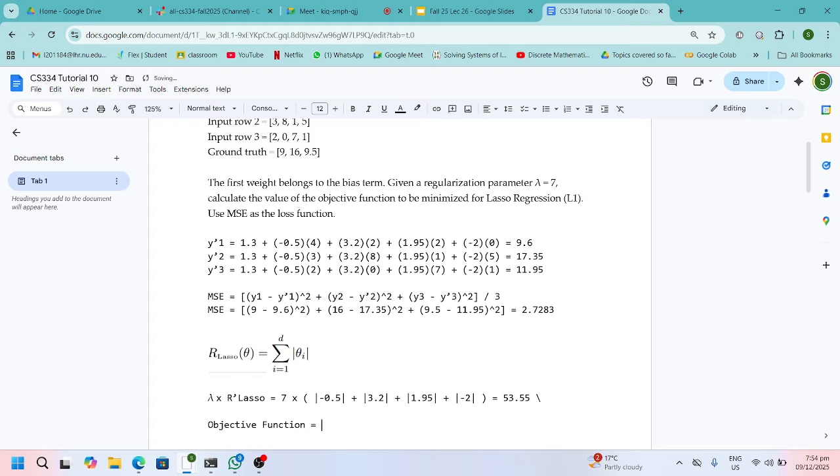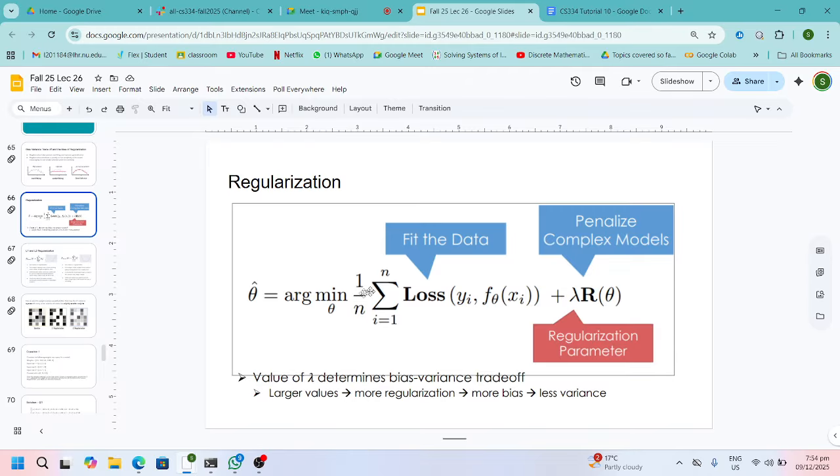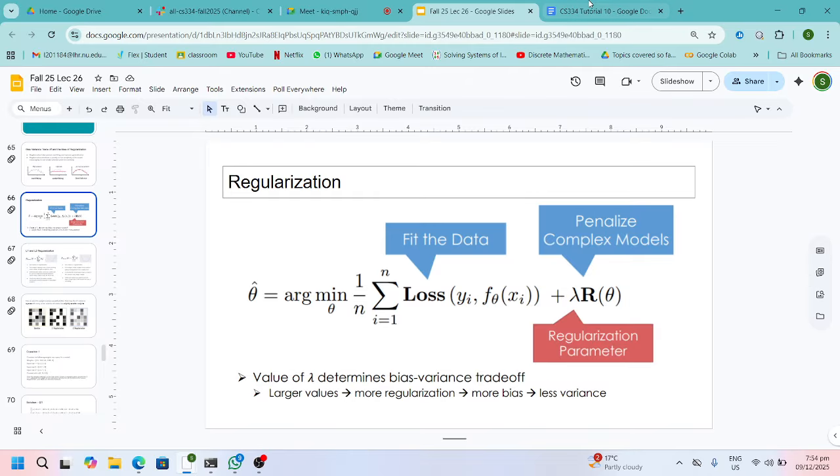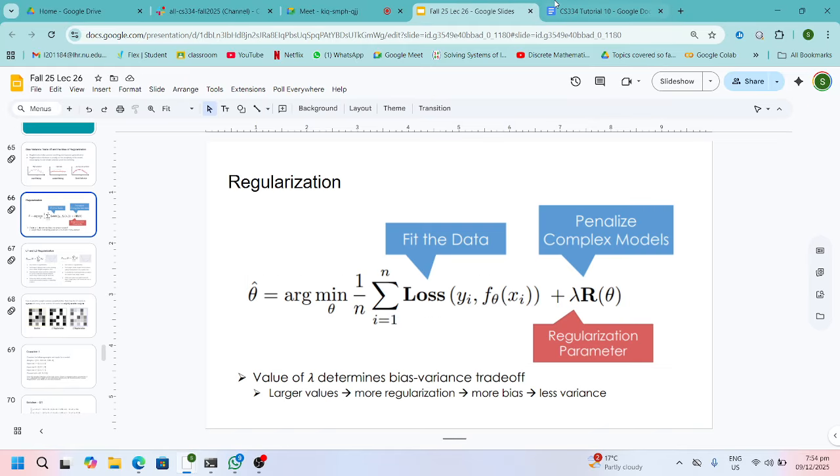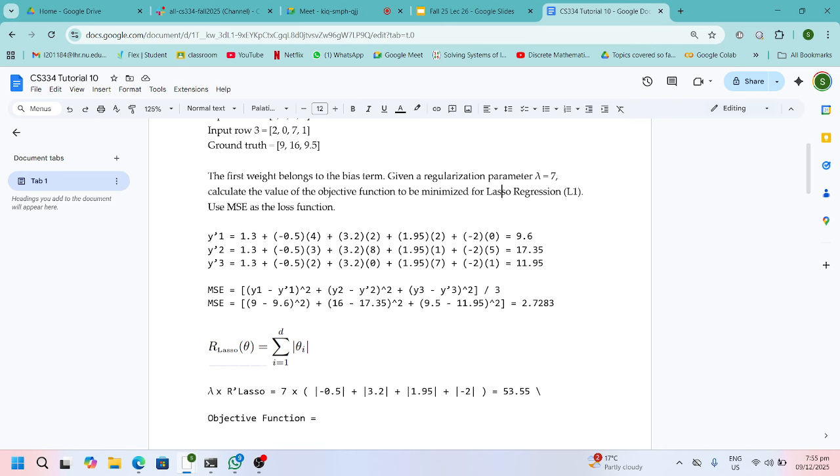So the last step, क्योंकि we have asked you to calculate the value of the objective function that is to be minimized, and objective function के लिए आप सिर्फ इस term को add कर रहे हैं to well the MSE that you have already computed because you were taking your loss, right? आप loss function के लिए ये कर रहे थे. So loss function की value हमने ऊपर find कर लिया 2.7283.